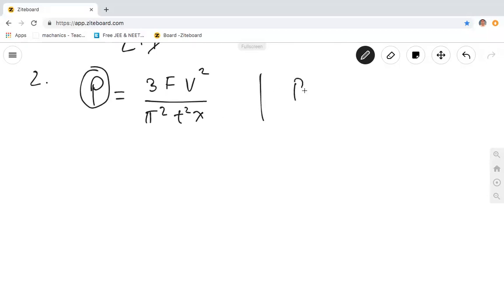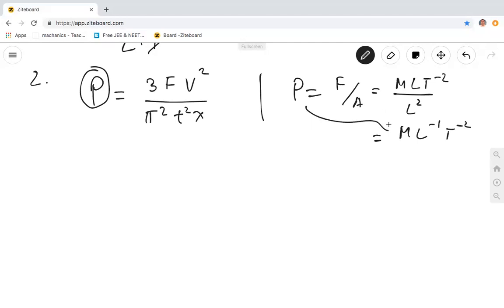Pressure means force per unit area, that is m L T minus 2 by L2, that's area. It is m L minus 1 T minus 2. That's for pressure. Now, let me go to the right side and see if it has the same dimensions as this. If it has the same dimensions, then we have checked it, and we can say that it is a dimensionally correct equation. So what to do with it?